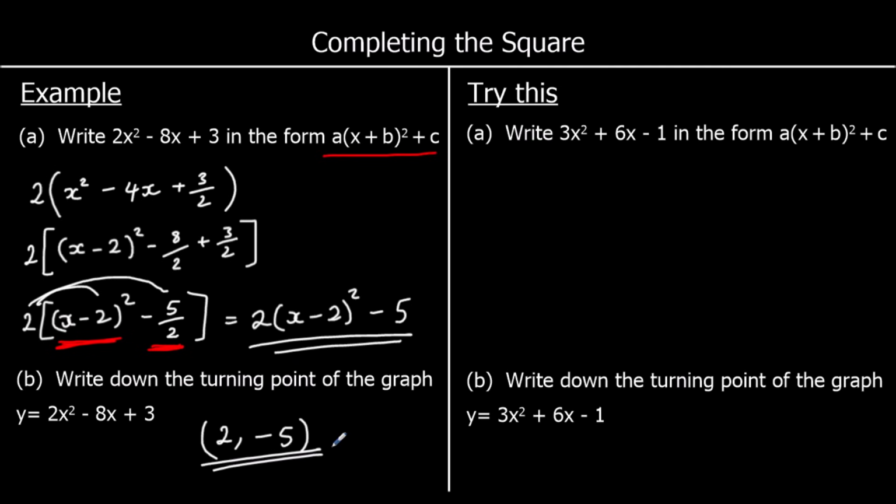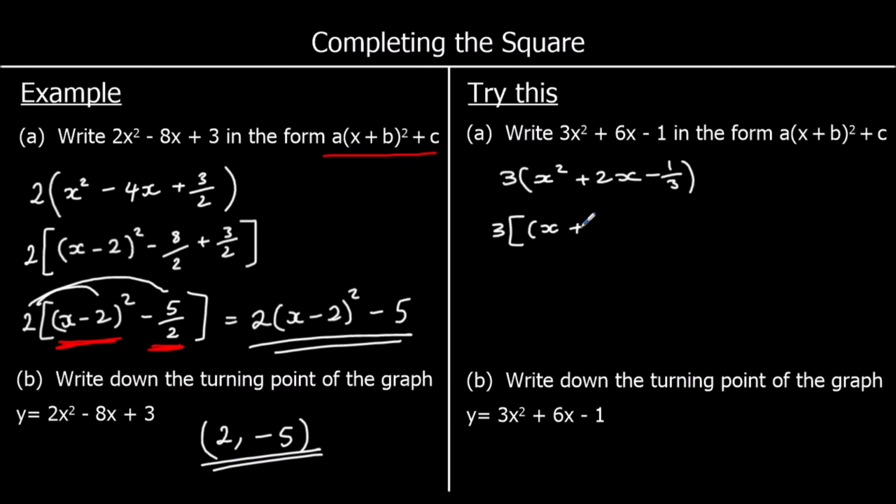The first step is to get rid of the 3. And we're going to do that by factorizing. So we'll take 3 outside the bracket. 3 times x squared is 3x squared. 3 times 2x is 6x. And 3 times a third is going to make 1. And then we're going to follow the same steps. So we're going to half our middle number, which is 2.